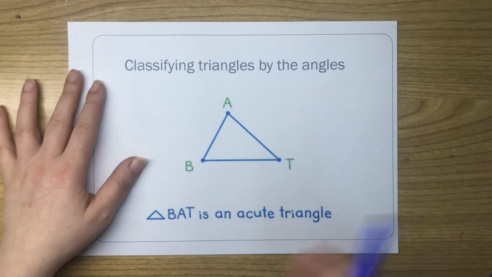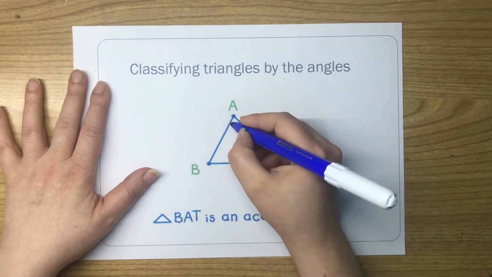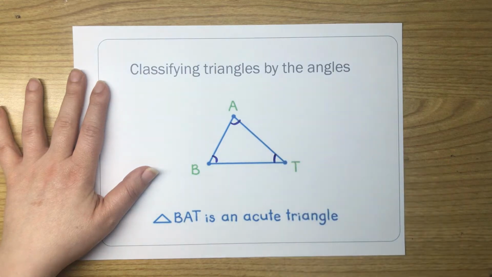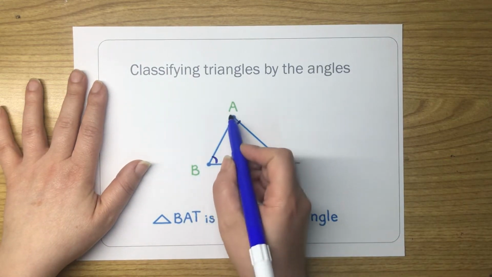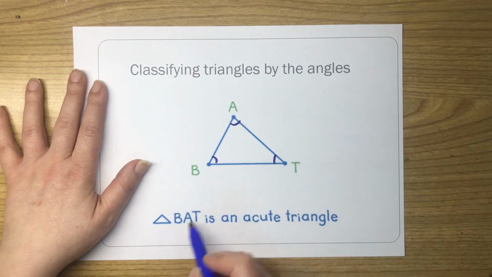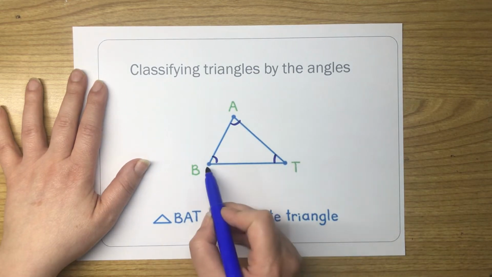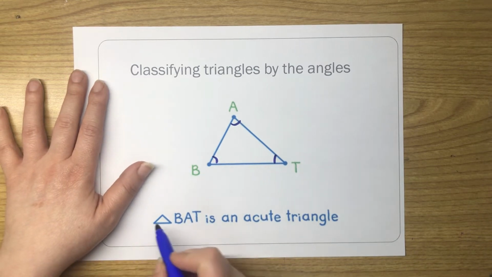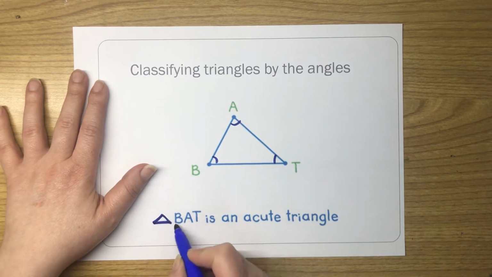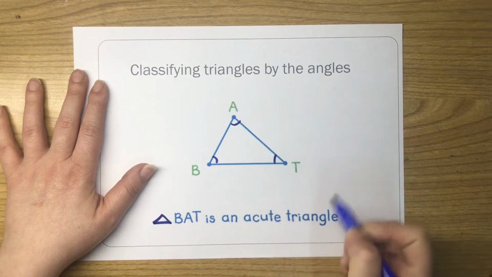Second type, all the angles are acute. So in this triangle ABT, they wrote it as BAT. You can name it in the order that you want. So triangle BAT is an acute triangle. Why?